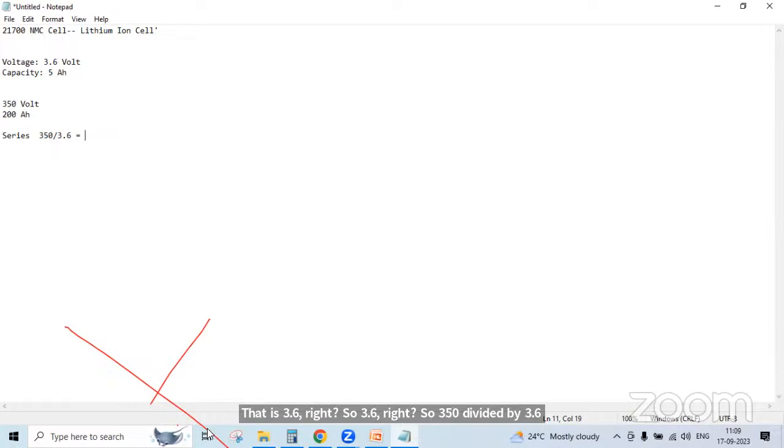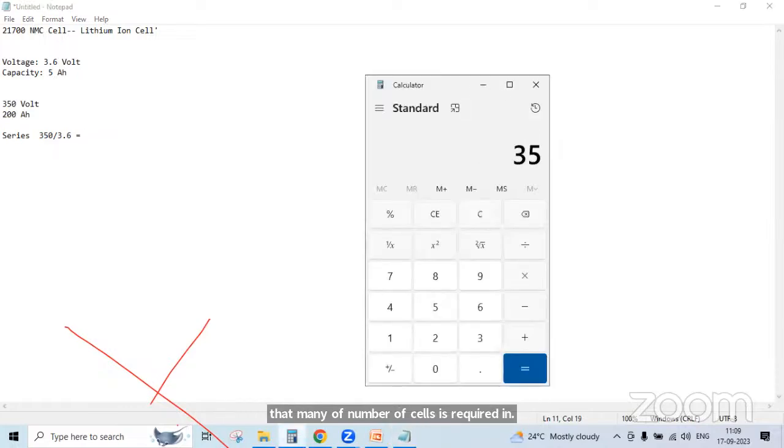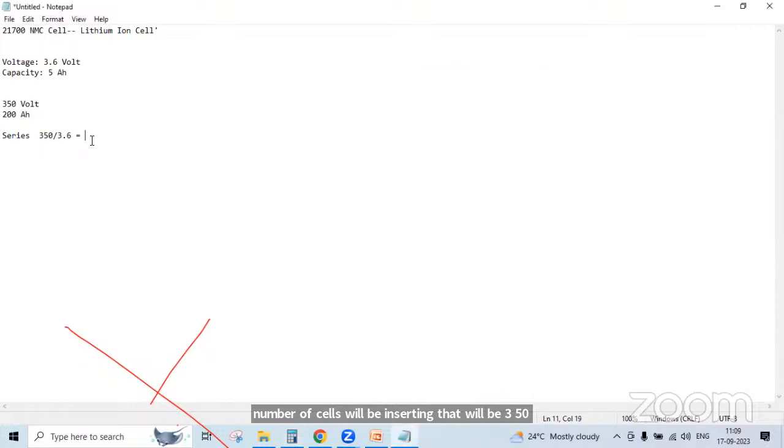Clear? So 350 is the total voltage of the battery pack system, and this is the voltage of one cell. So in that battery pack, how many cells will be in series? That will be 350 divided by 3.6. That means 97.22. I will be taking 98, because 97.2 cells is not possible.